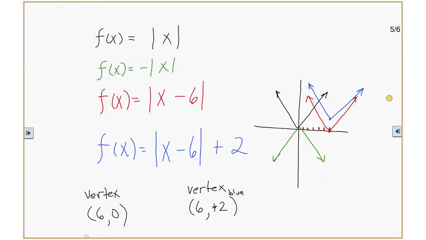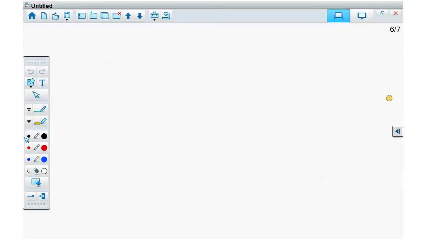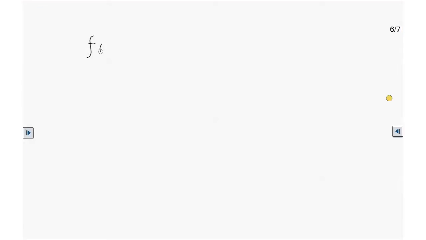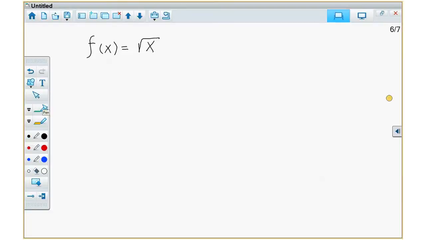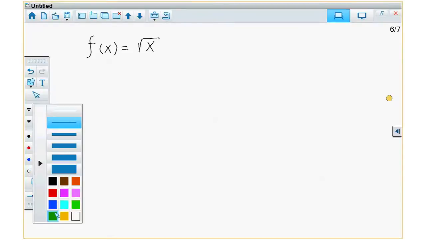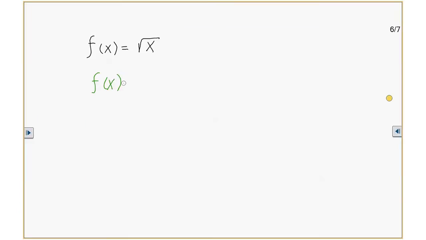All right, so we good here. All right, let's try another one. And again, you don't have to use points now, because I'm getting you to learn how to sketch the graph. F of x is equal to the square root of x, and we'll do in red or green, f of x is equal to negative square root of x.